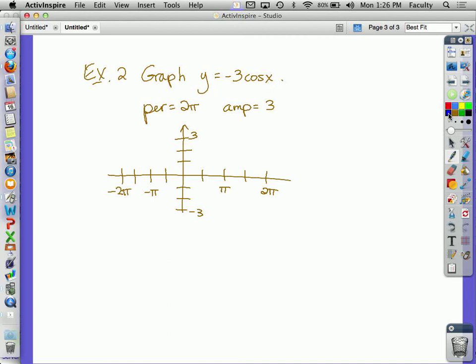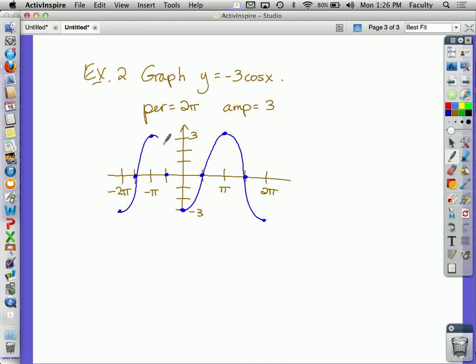So now, when there is a negative, instead of with cosine that would normally start up at the amplitude, remember now this is cosine, so cosine is going to start down at the opposite of the amplitude, or it'll start at where A is, if A is negative 3. So then it'll go 0, then up, so it's just a reflection over the x-axis.